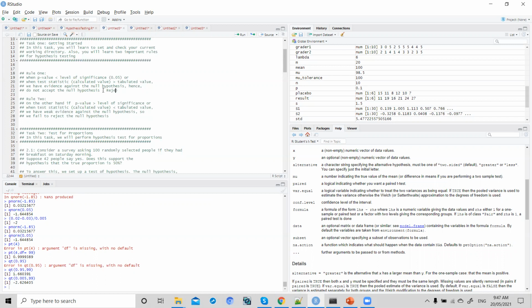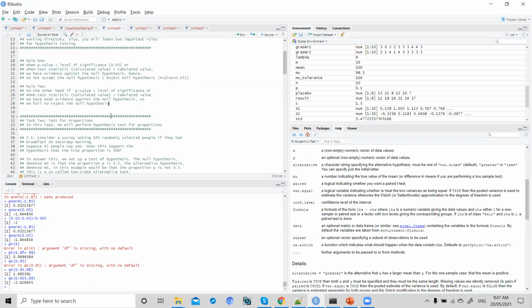We reject it if my p-value is less than 0.05. If it is greater than 0.05, the level of significance, then we fail to reject the null hypothesis.